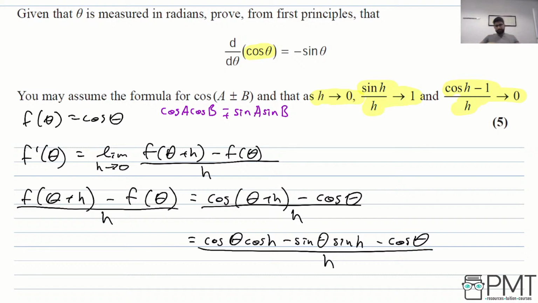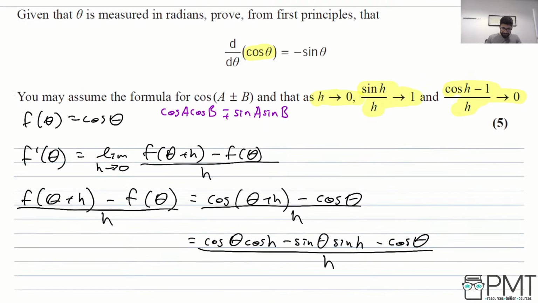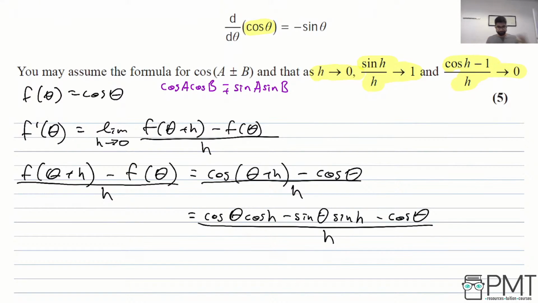But assuming that the question doesn't want us to prove anything regarding that, we can just use that formula. So assuming that we have this expression, let's continue simplifying that.